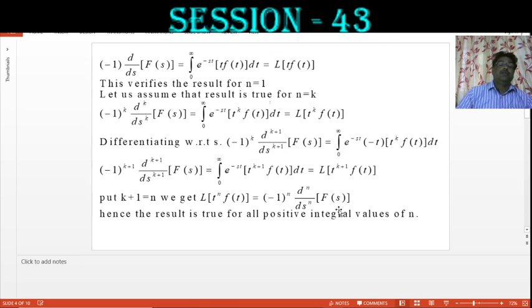Now, multiply throughout by minus sign: minus 1 into d by ds of F of s is equal to the integral from 0 to infinity of e raised to minus st t into f of t dt.